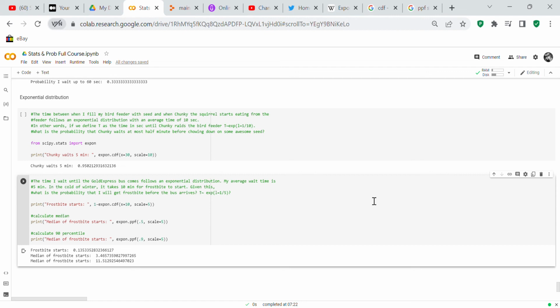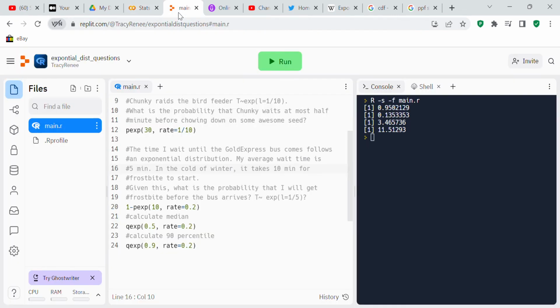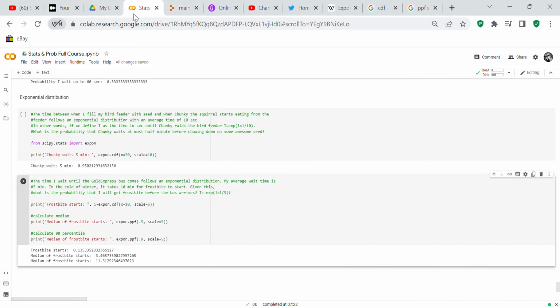And so you had a value of 0.9512129. If you look over here at R, it is the same. So even though it's different code, it still gives you the same result.